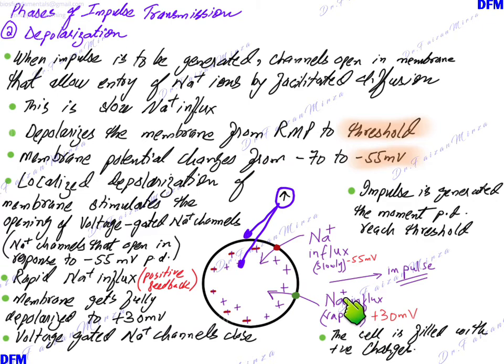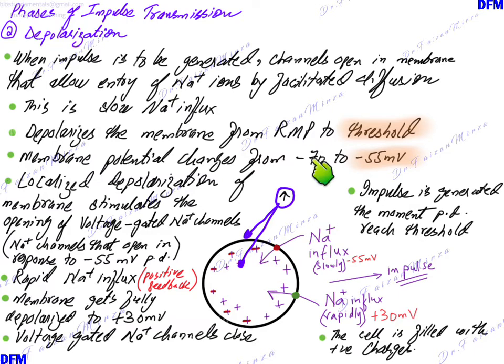Beyond plus 30 millivolts in human neurons or even human muscles, more sodium ions cannot enter because the voltage gated sodium channel shuts down at plus 30 millivolts. So the gate opens at minus 55 and closes at plus 30, and during this time it allows facilitated diffusion of sodium ions into the cell from outside to inside.